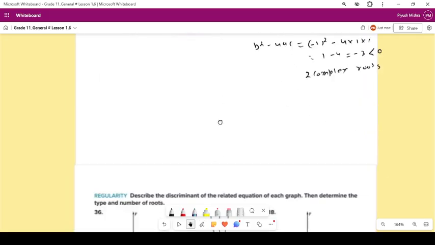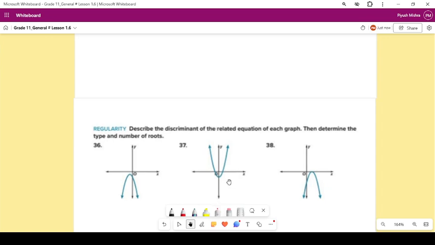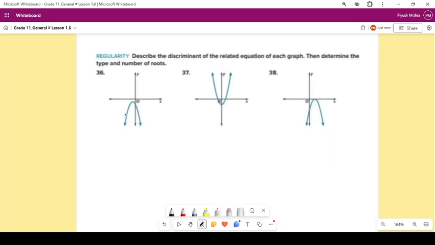Okay, coming back to the next question. Here now you have the graph. As I told you, if it is not touching, it means it is less than 0, and then complex roots. You can say no real root, or you can say complex root.